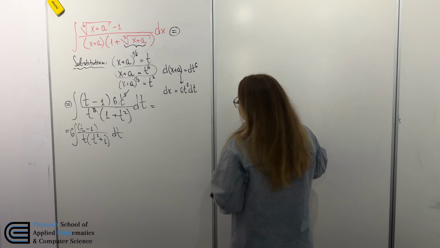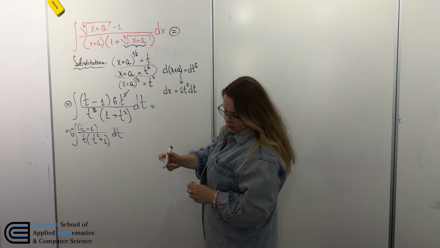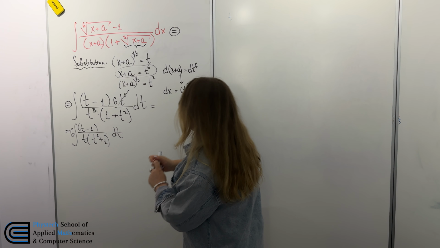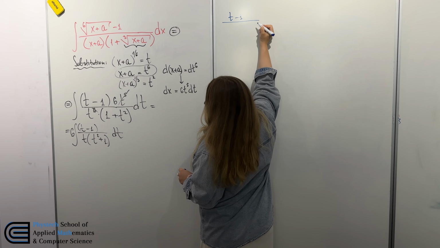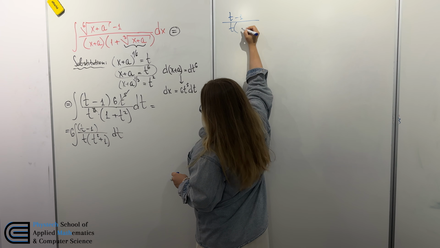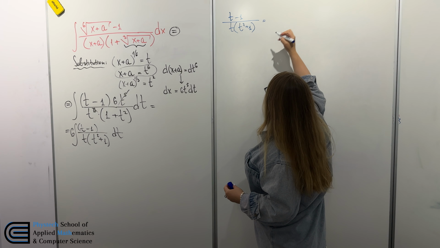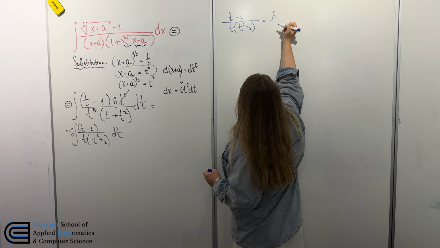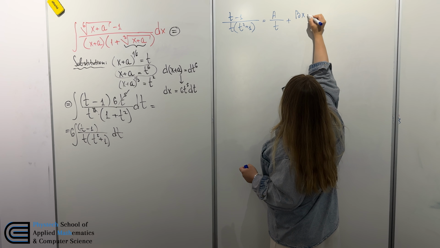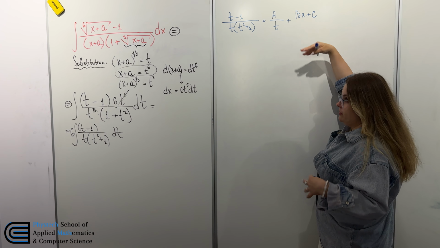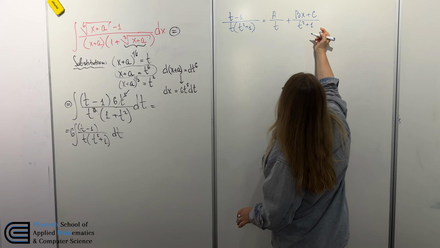T minus 1 divided by t times t squared plus 1 we can write as a sum of a, which is a number, divided by t, plus bt plus c, where b, c are also some numbers, divided by t squared plus 1 here.